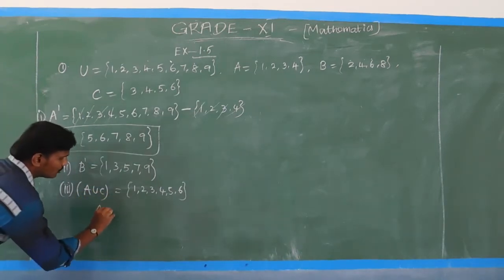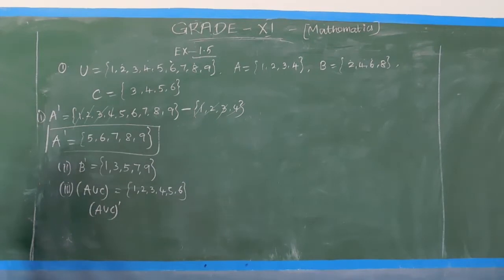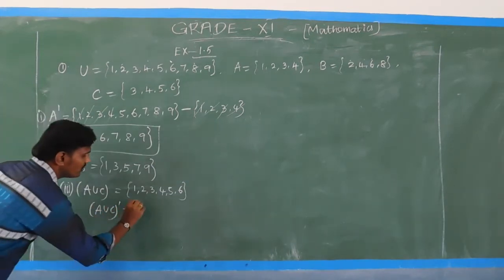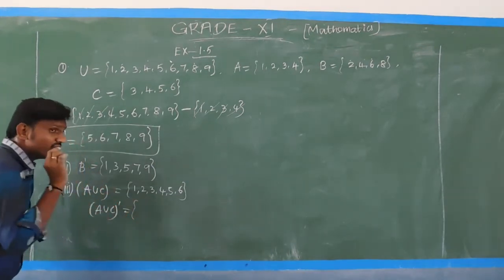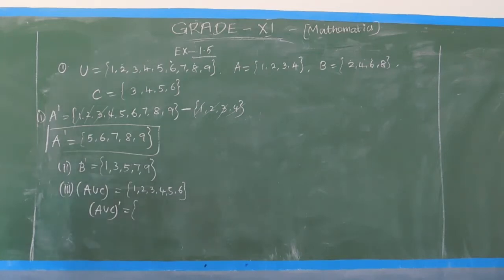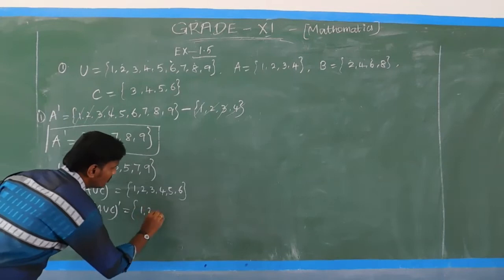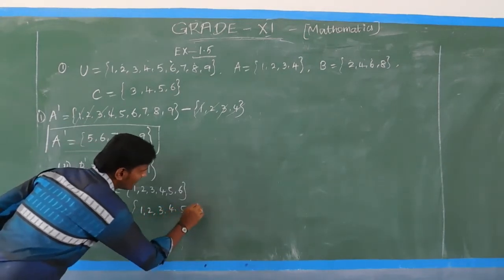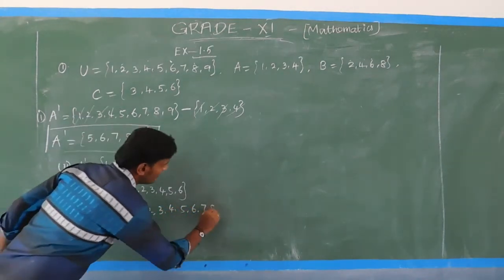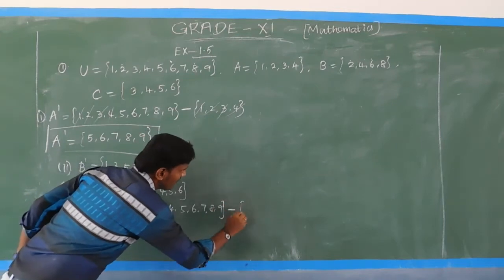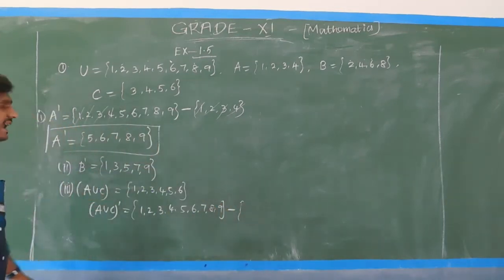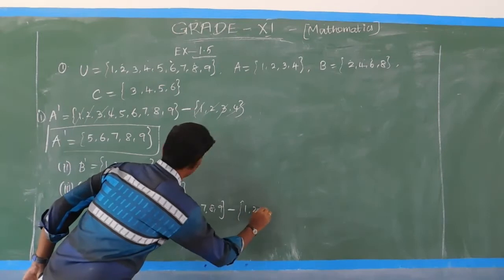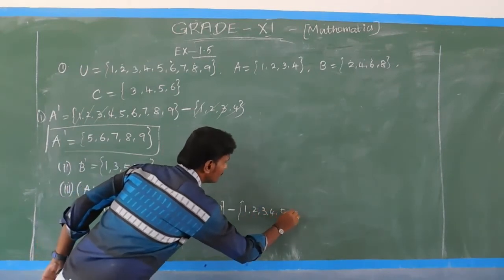Next I am going to find (A union C) the whole dash. That is, I want to take the difference between the universal set and A union C. The universal set is 1, 2, 3, 4, 5, 6, 7, 8, 9, minus A union C, whose elements are 1, 2, 3, 4, 5, 6.